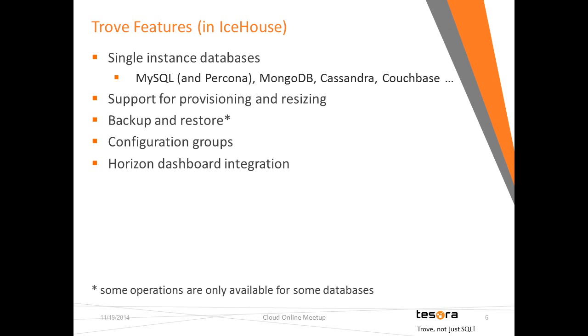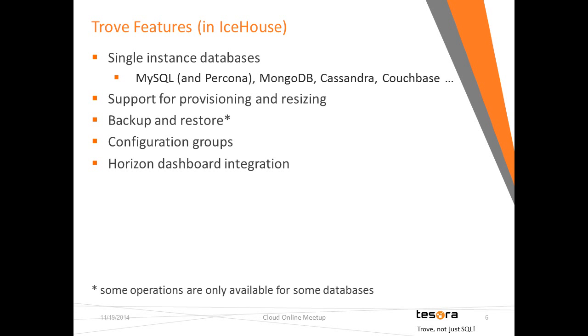It supported, like I said, all of the things in the provisioning plane, the management plane: provisioning, resizing, backup and restore, config groups, which allow you to assign groups of configuration parameters to a specific data store and make it easy for you to provision instances for different practical use cases. And of course, it is integrated fully with Horizon, so you can go onto a Horizon console and you can create a Trove instance, you can create a database on a Trove instance, and so on and so forth.